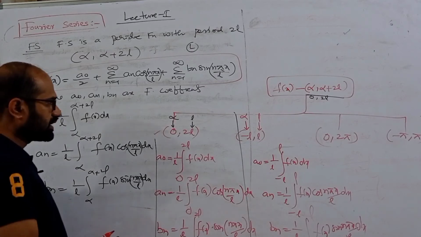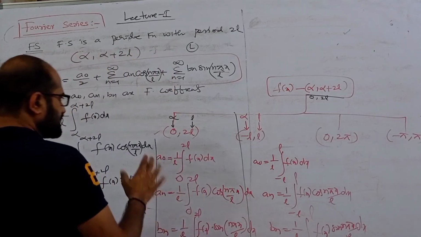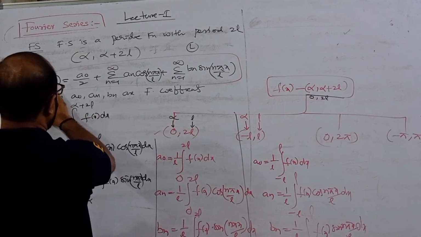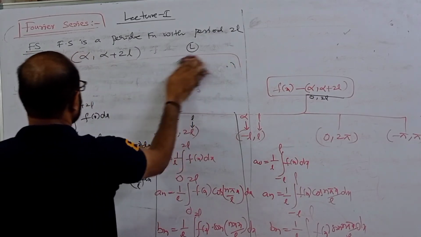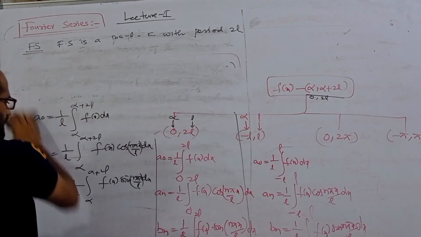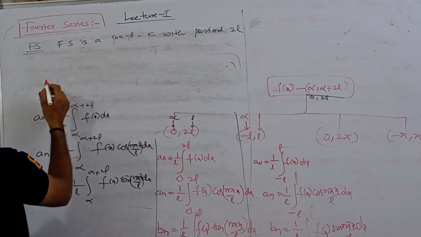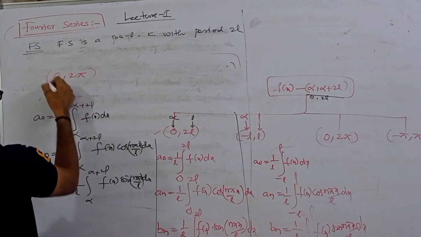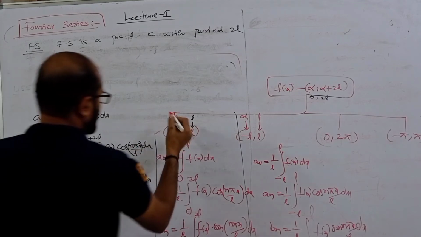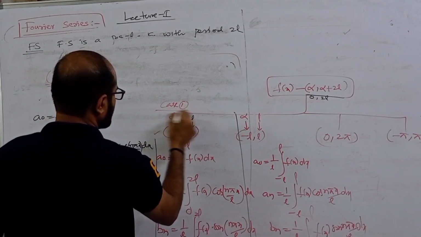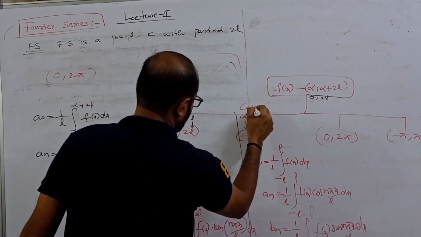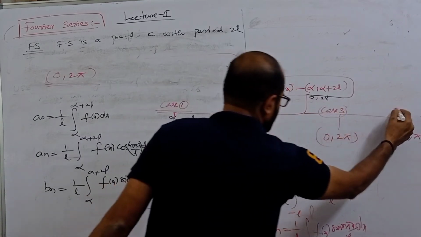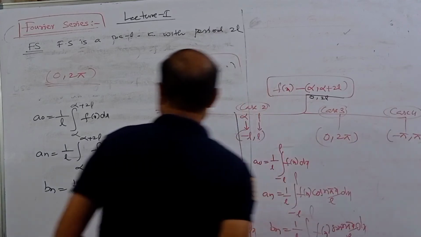Okay. Now, if you want to write these limits in 0 to 2 pi, in the interval 0 to 2 pi, let us suppose this is case 1, case 2, this is case 3, this is case 4, right? 4 cases.